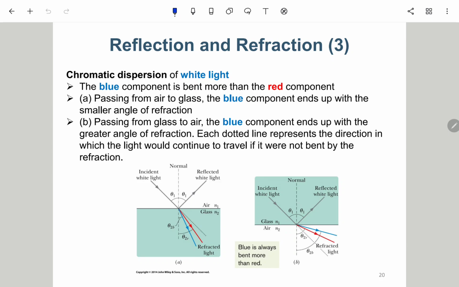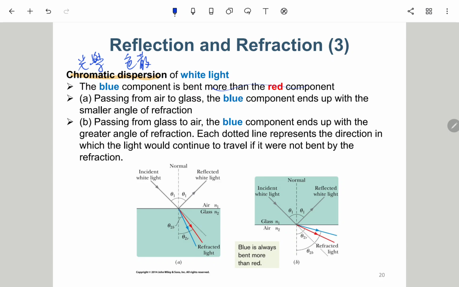Here we have something called chromatic dispersion, 就是光学的 dispersion 叫做色散, chromatic dispersion of white light. It says the blue component is bent more than the red component.